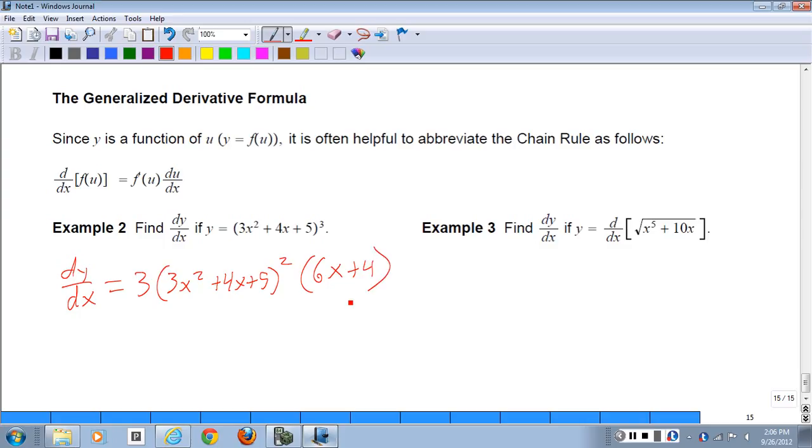Just like that. So that's what we'll do with the chain rule in practice.